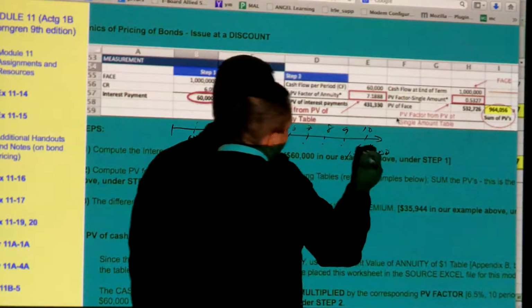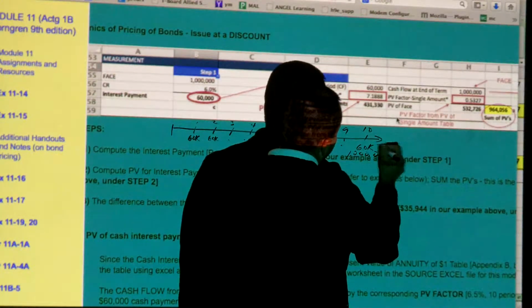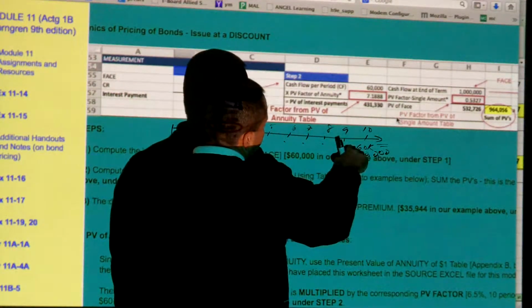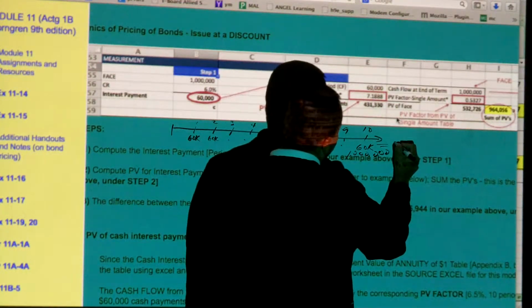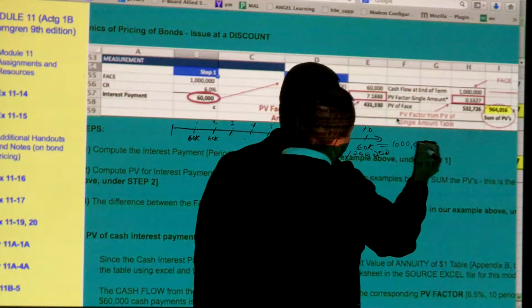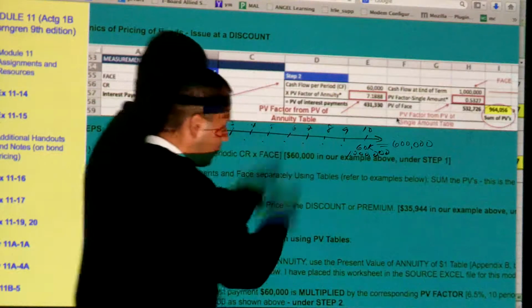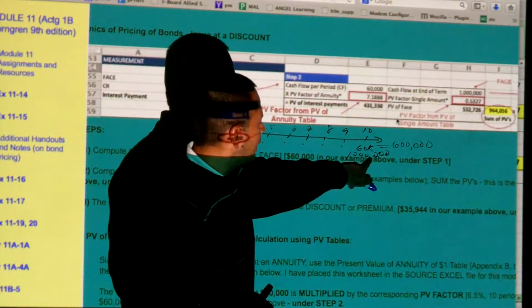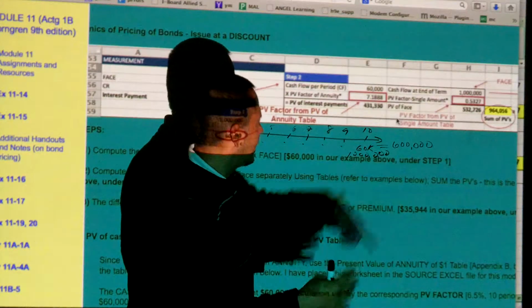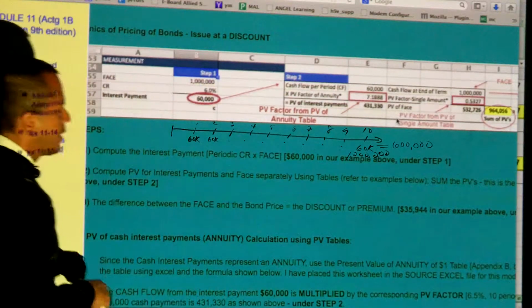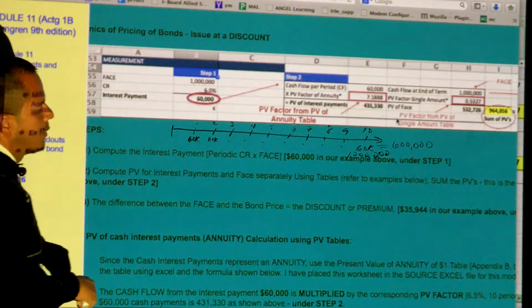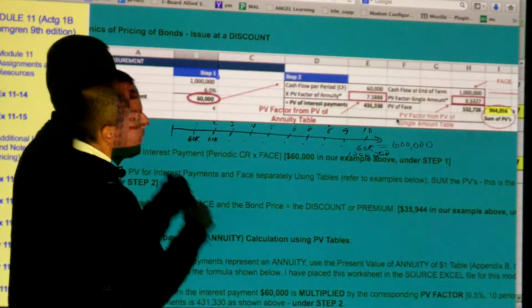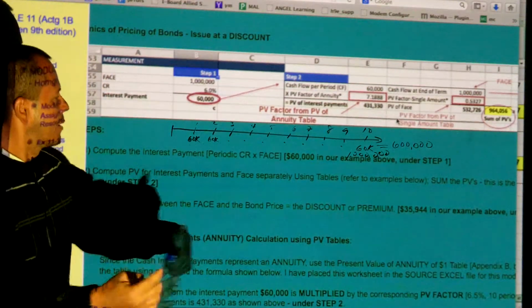So this investor is getting a total of $60,000 times 10 periods, so $600,000 in cash payments from the interest from the contract. In addition to that, they're getting their money back, at least in terms of the face amount. So this investor is getting back the full $1 million plus the interest.